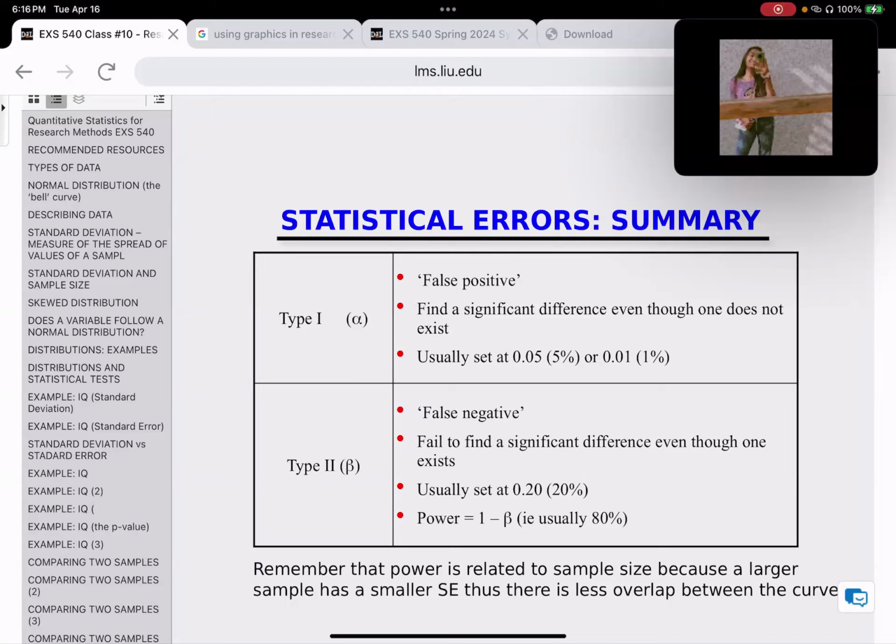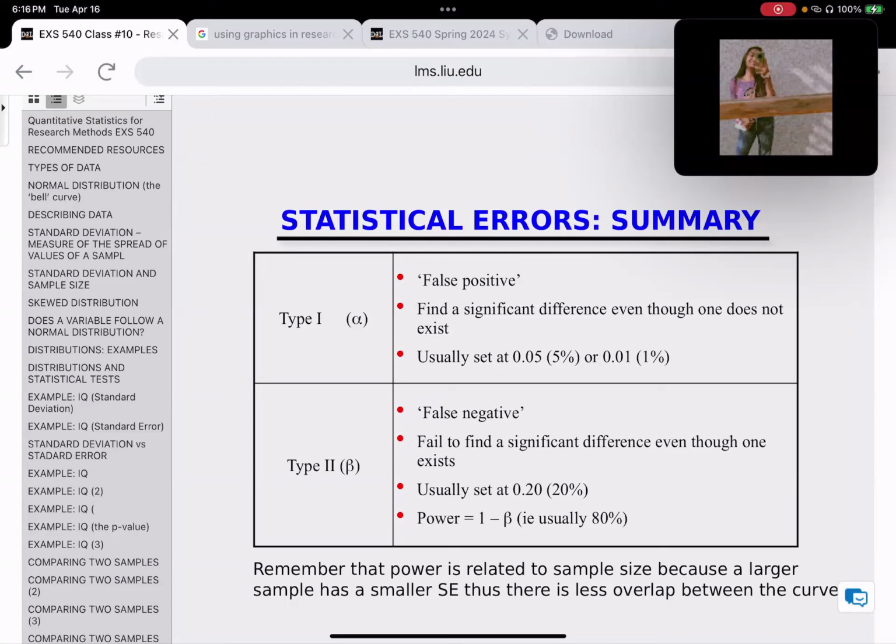Now, there's another story behind this, which is that even if you find a significant difference in your data, it doesn't mean it's truly significant or influential. Remember, significance in this case is based on numbers, it's based on statistics. So you could have a wonderful statistician who can massage the numbers and put in decimal points and do all different kinds of things, and it becomes significant, but it's really not.